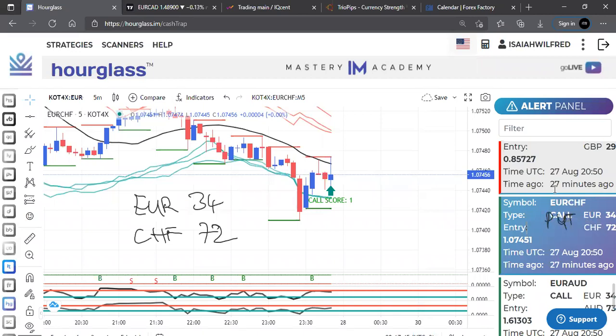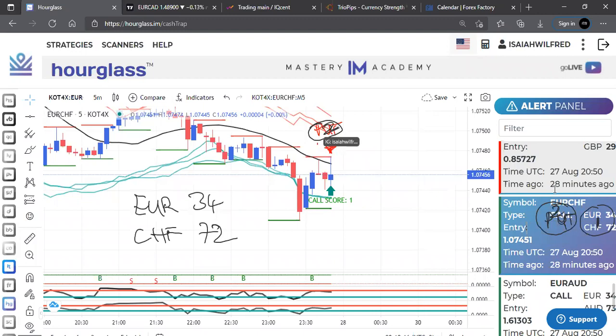Let's assume we had a red arrow here telling us to put. This is what we would have done: we would have counted the currency strength meter 1 point telling us to put, and what the put Cashtrap is giving us, the put here, as your 2 points.